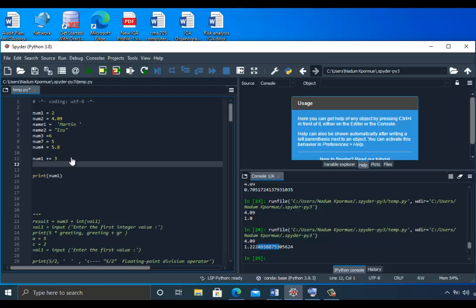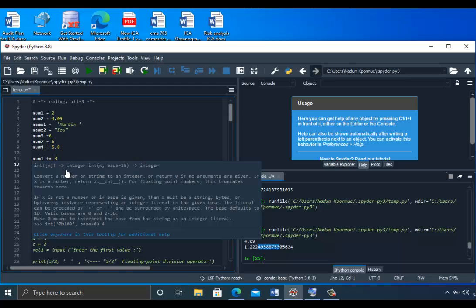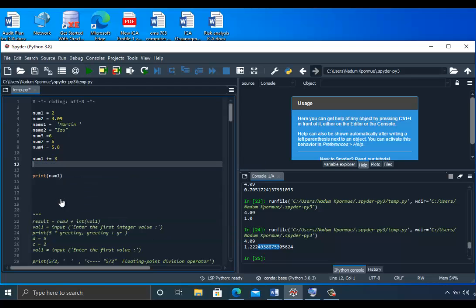Now what we want to achieve here is this. We want to add 3. We want to assign 3 to the memory location num1, and as well carry out addition on it.